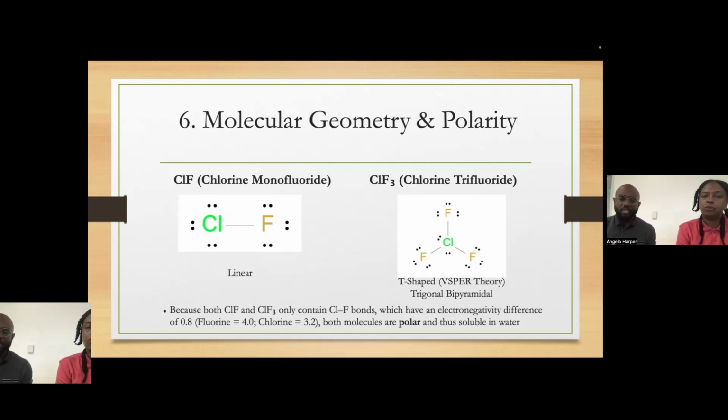But if we were to be more specific and look at the 3D aspect of it, it has what's called the trigonal bipyramidal molecular geometry. Because both chlorine monofluoride and chlorine trifluoride only have ClF bonds, which have an electronegativity difference of 0.8, both molecules are polar and thus soluble in water. But we'll talk about the solubility in a little bit.